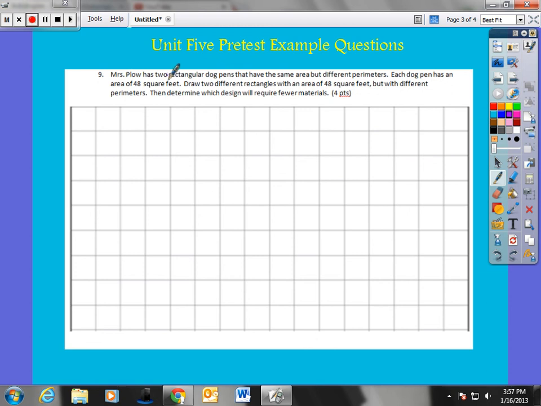Mrs. Plow has 2 rectangular dog pens that have the same area but different perimeters. Each dog pen has an area of 48 square feet. Draw 2 different rectangles with an area of 48 feet but with different perimeters. Then determine which design will require fewer materials.